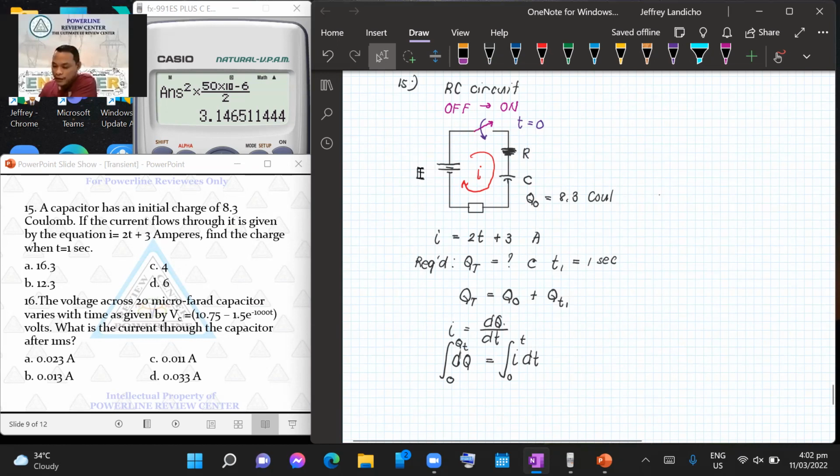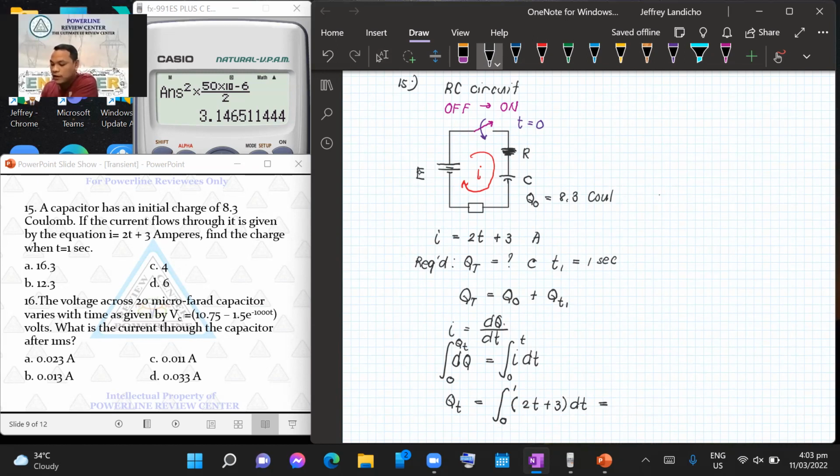Gets ba, kapatid? So, therefore, pwede na natin kunin ngayon that the charge gained by the capacitor after it is connected to our source should be equal to the integral. Ano yung ating current? 2t plus 3 dt. Anong limit? Simula nung i-on natin yung switch up to 1 seconds.